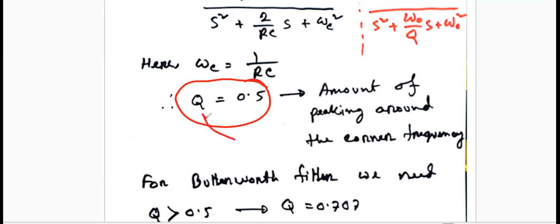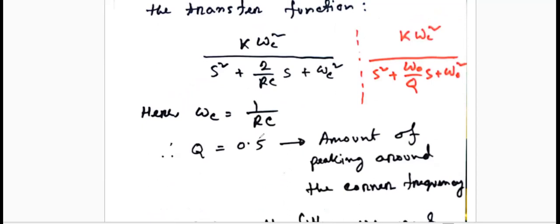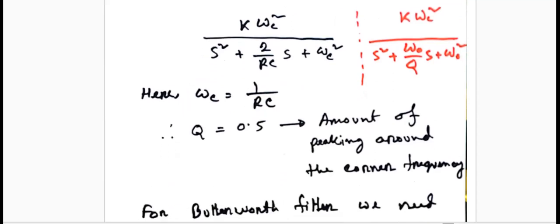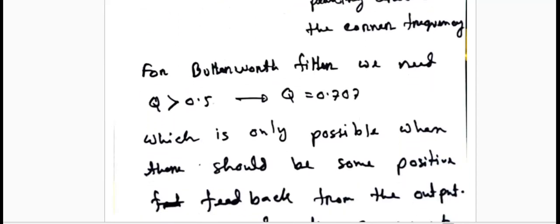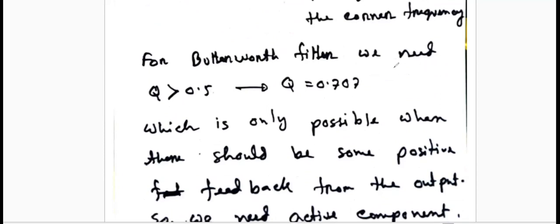It is only possible by changing the gain factor. You need a dynamic gain. For the Butterworth filter, we need Q more than 0.5, which is 0.707.